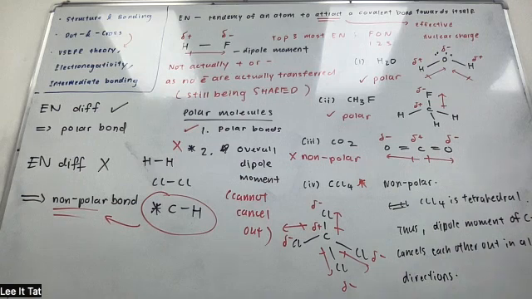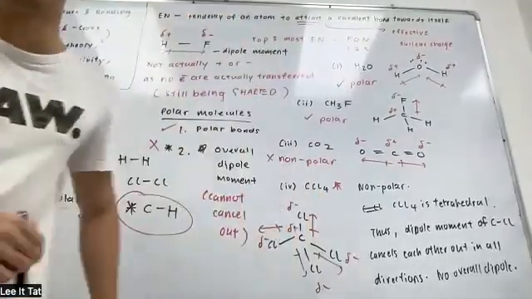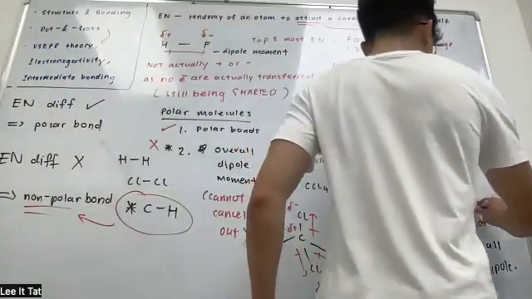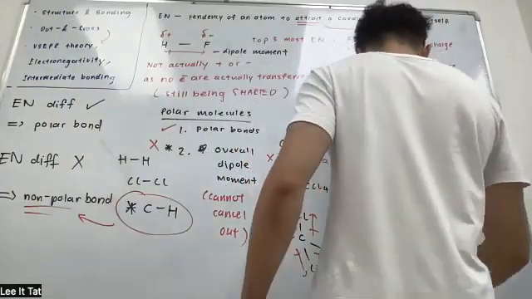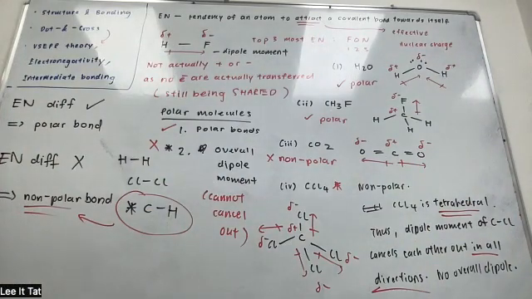So if it cancels each other out, there is no overall dipole. Highlight the keywords here: tetrahedral, cancel out in all directions. That's basically the main reason why it's not polar.